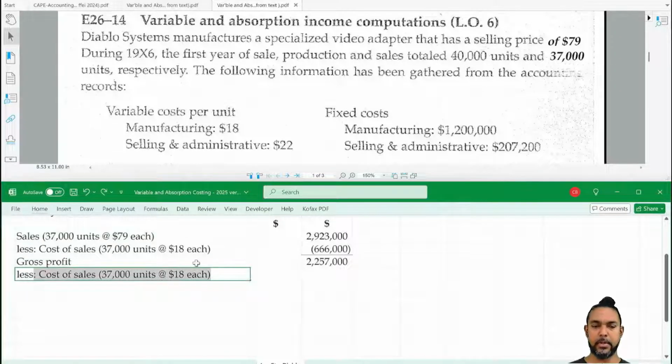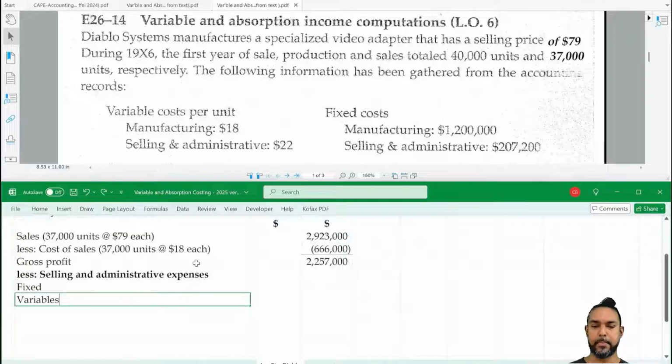Less the selling and administrative expenses. We have the fixed and we have the variable. The fixed one is just a plug and play figure, 207,200. And the variable is 22 per unit.